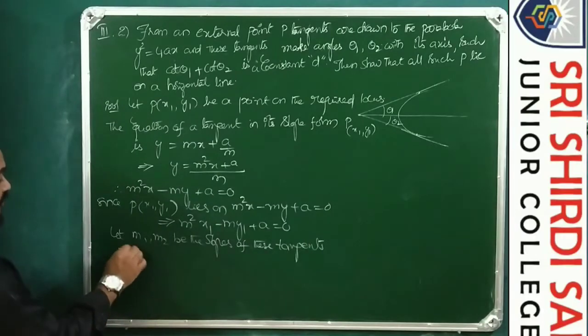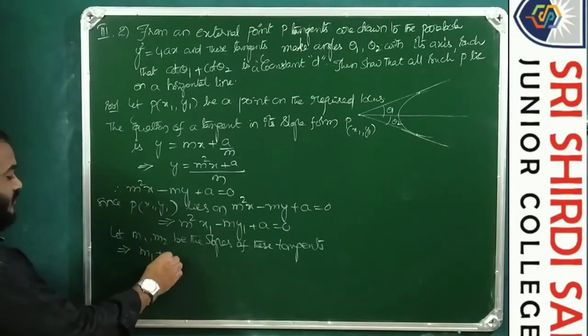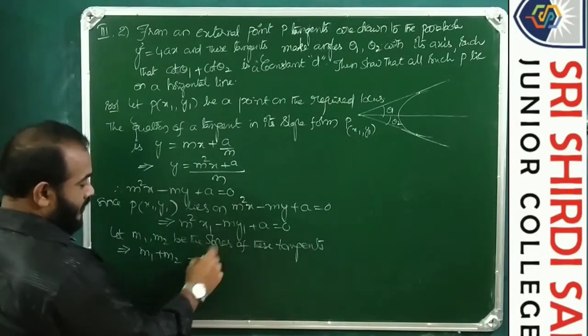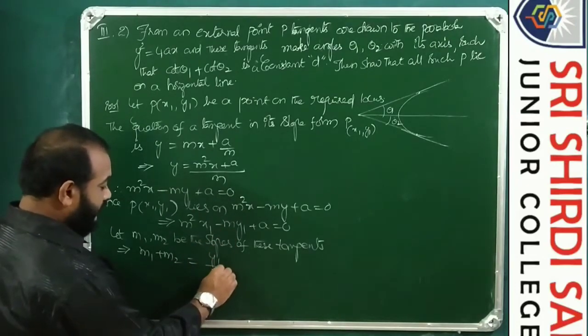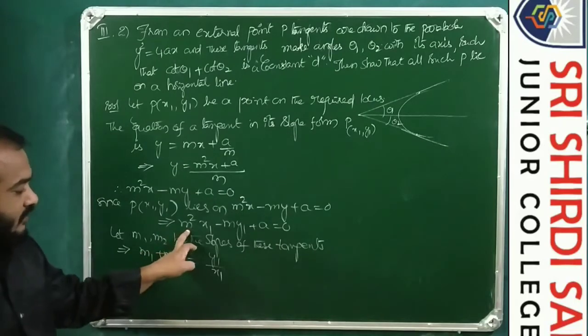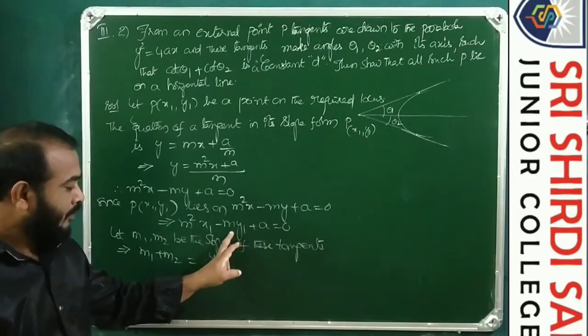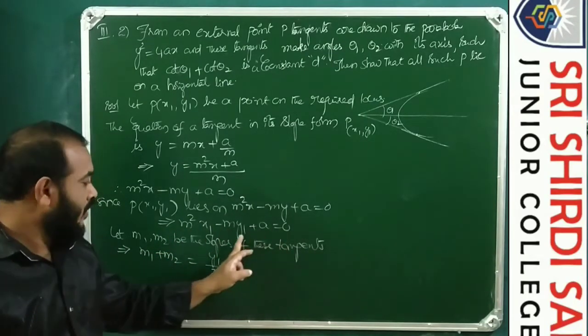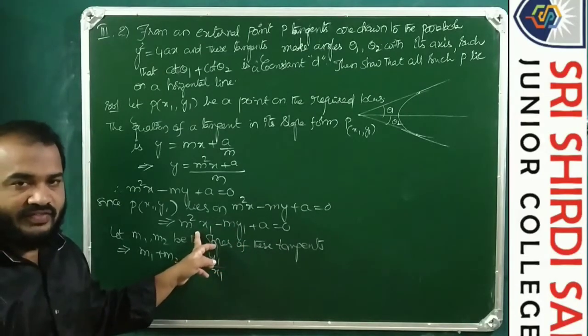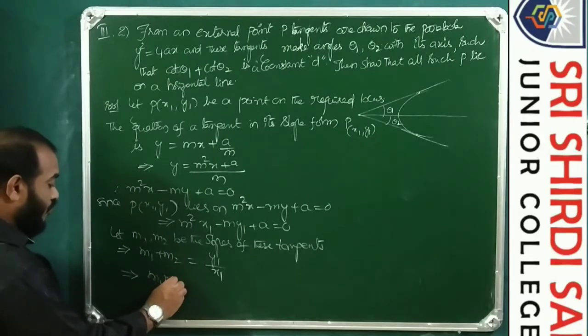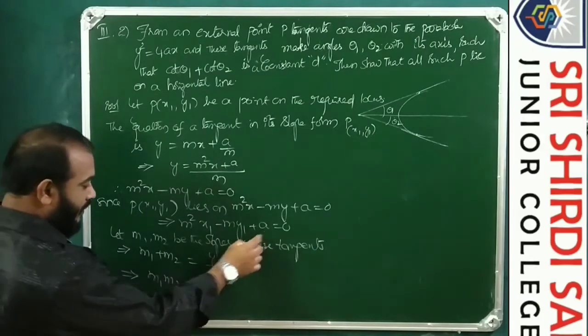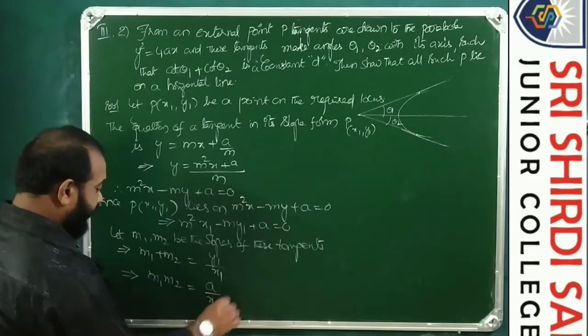Then sum of the roots m1 plus m2 is equals to minus b by a, that is y1 by x1, and product of the roots m1 m2 is equals to c by a, that is a by x1.